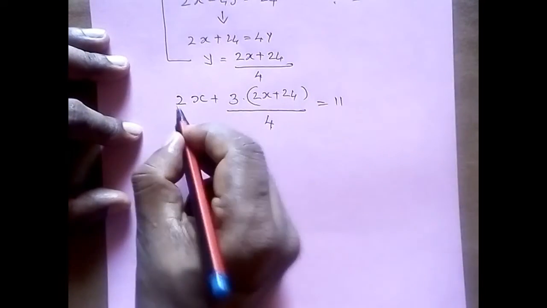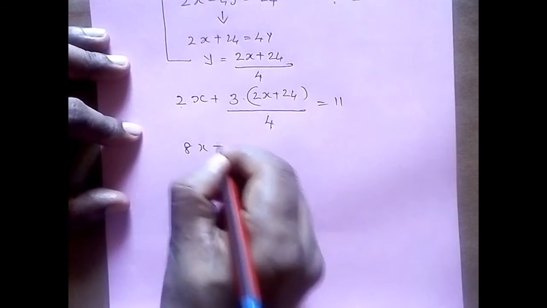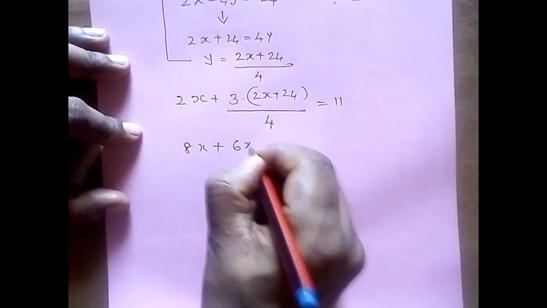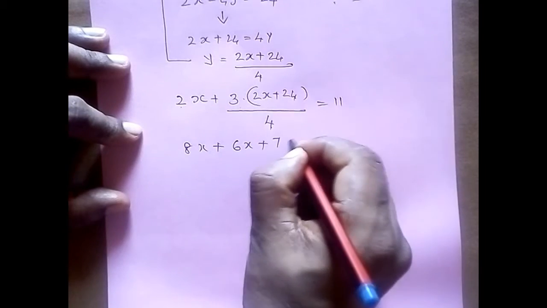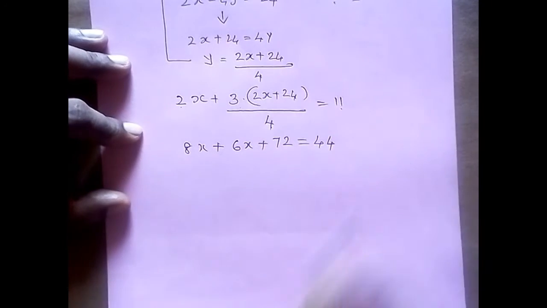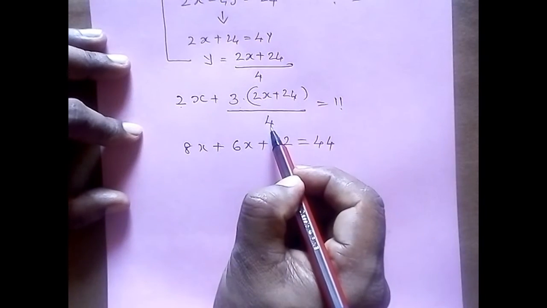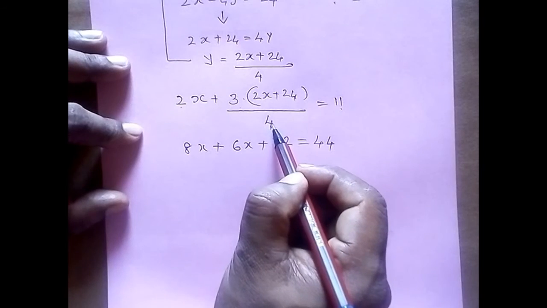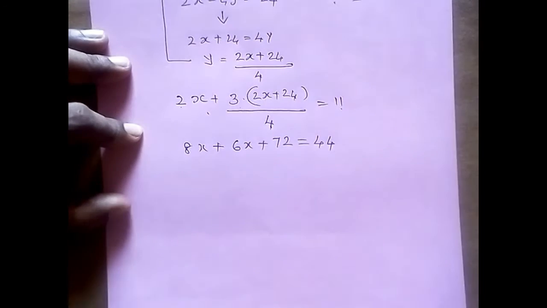Multiplying throughout with 4, we will get 8x plus 3 into 2x, 6x, plus 3 into 24, 72, is equal to 4 into 11, 44. What we have done, we have multiplied with 4 to take away the denominator 4 on both sides.